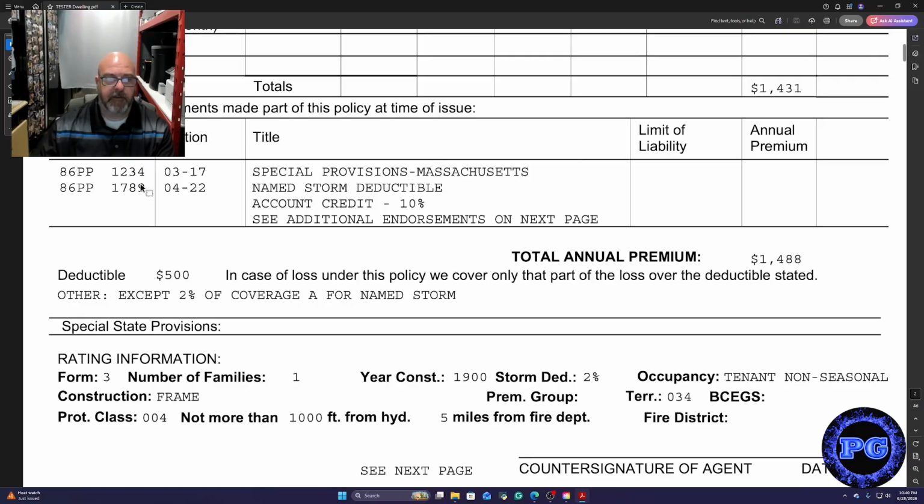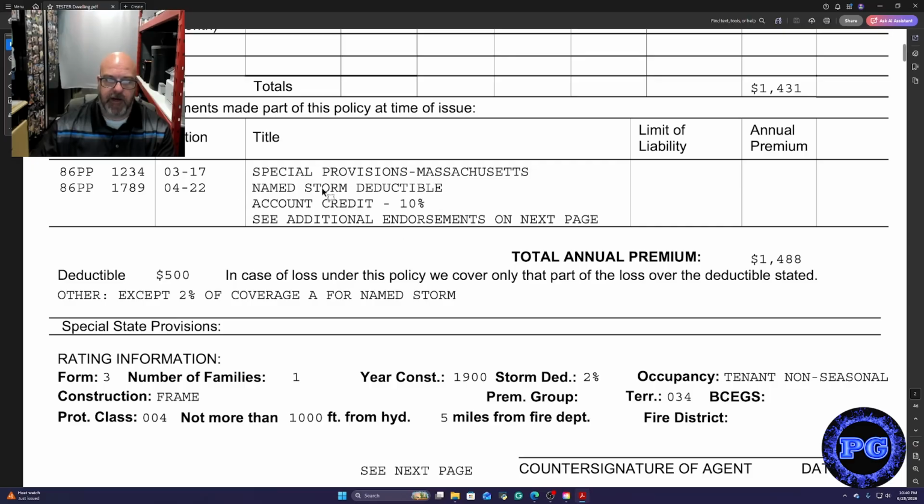So here, named storm deductible. Named storm deductible. All right? This is something that is very easy to overlook, right? Very easy. So that's going to be very important. And then you have your account credit, which is 10%.